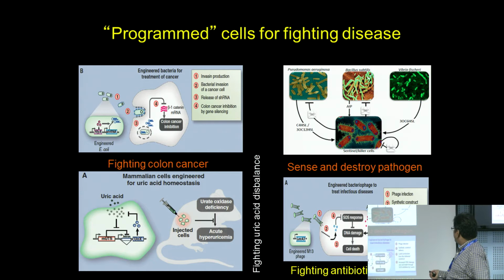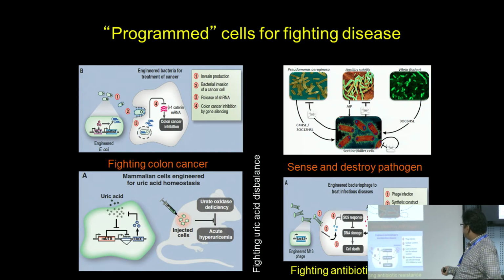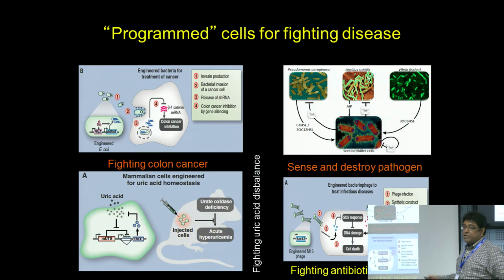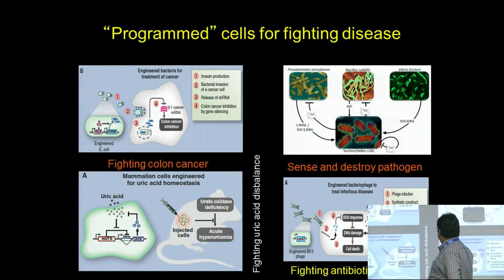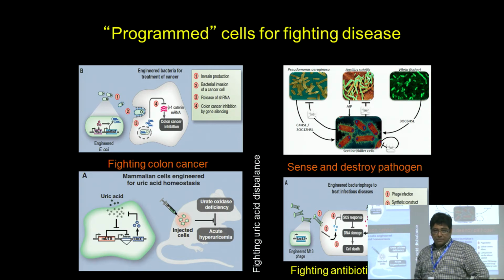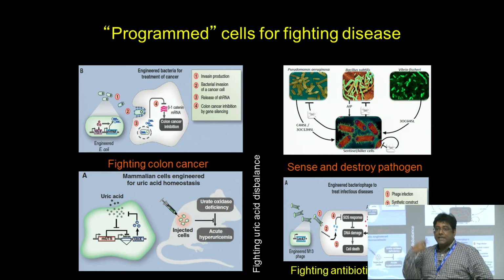Okay. So, there are a lot of examples, and in a similar way you can fight different diseases. For example, this is a sense-and-destroy pathogen approach. You engineer your gut E. coli in such a way that when there is an increase of a pathogen, molecules are sent by your engineered gut bacteria, and they secrete one peptide which actually kills that particular pathogen.